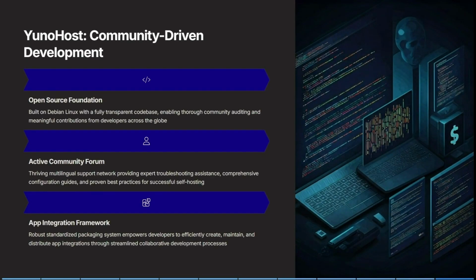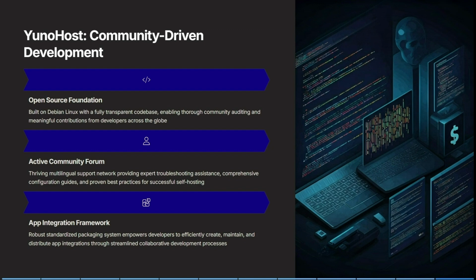The last thing over here we're going to have a look at is the fact that it is open source. So it is built on Debian Linux with a fully transparent code base, enabling thorough community auditing and meaningful contributions from developers across the globe. It has a thriving multilingual support network providing expert troubleshooting assistance, comprehensive configuration guides, and proven best practices for successful self-hosting.